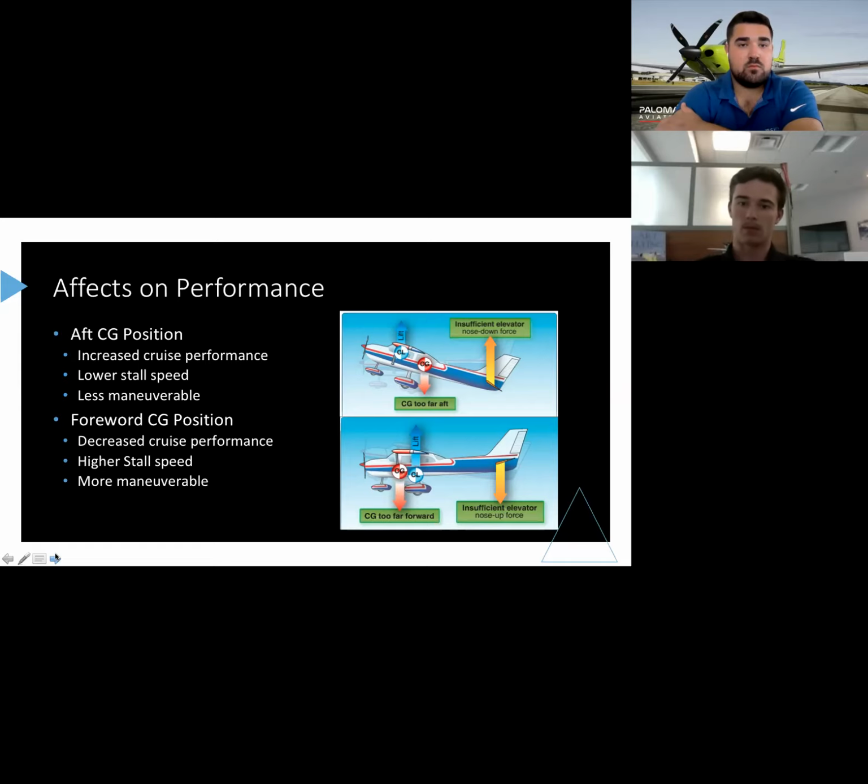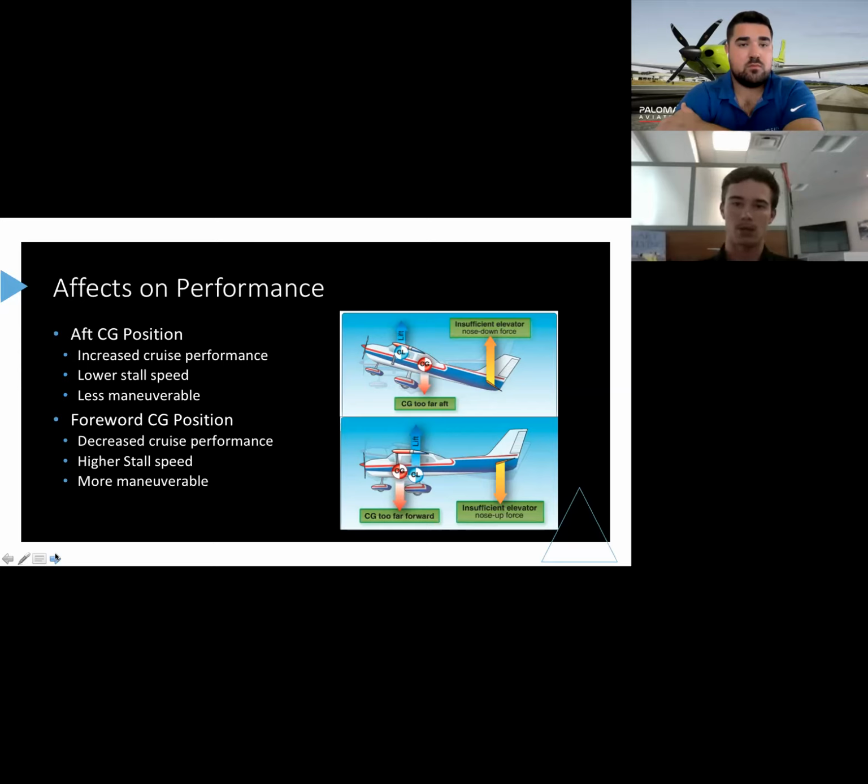Aircraft are typically designed to have the CG forward of the center of lift so that the elevator is required to produce a tail down force to keep the nose up and so on.